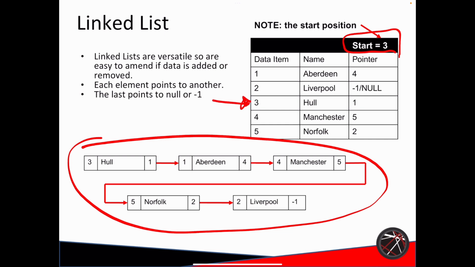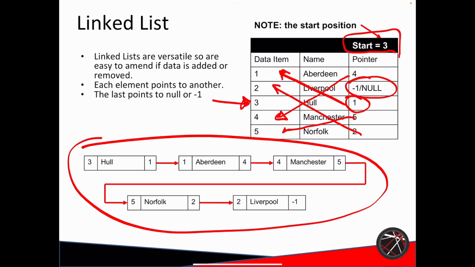From line 3, we can see that Hull has been displayed, and therefore it's now going to point to line 1. So in other words, we're going to go up here. From line 1, we go to line 4, down here, and you can see that we're moving quite dynamically around the linked list. From 5, go to here, from 2 up to here, and then here we've got a null, and therefore we stop. And that represents this below, okay?